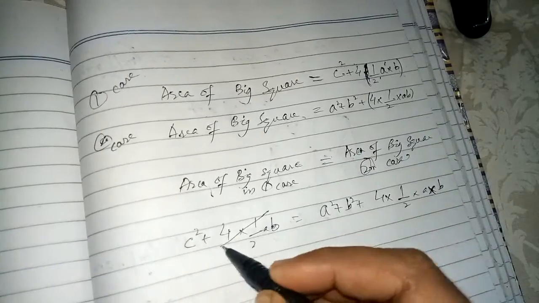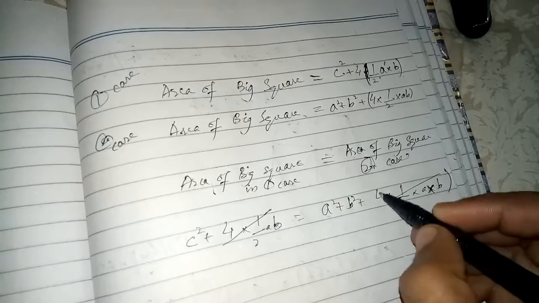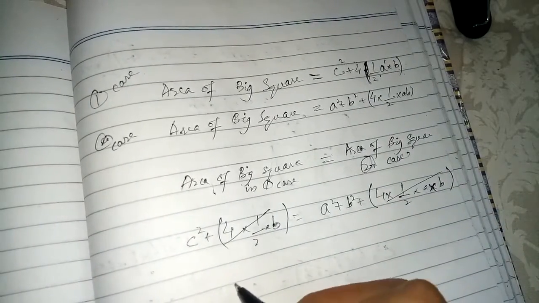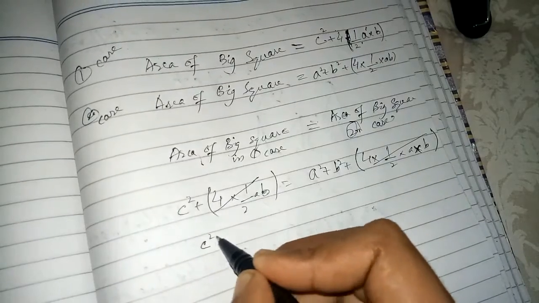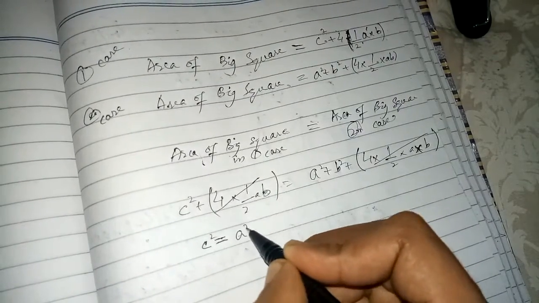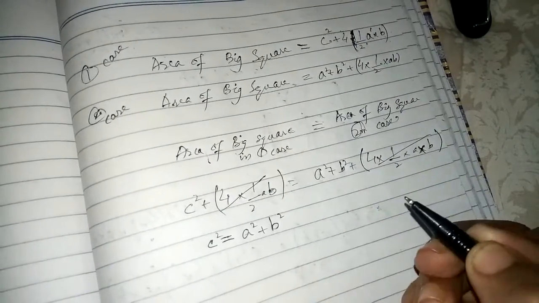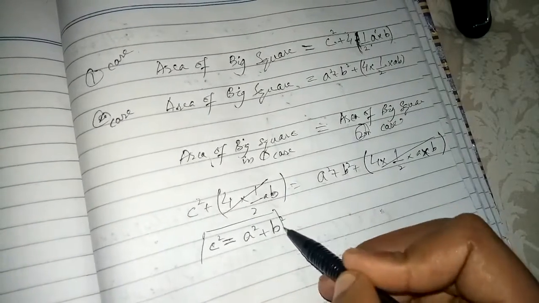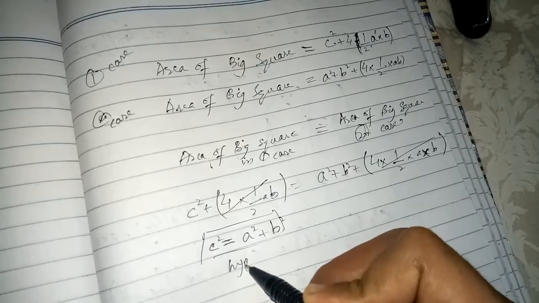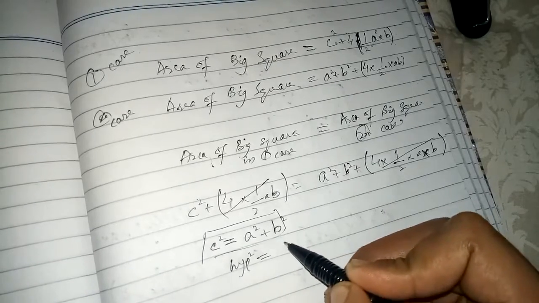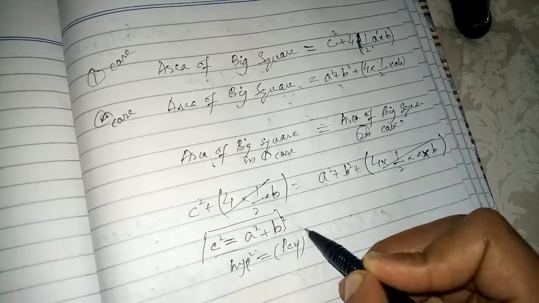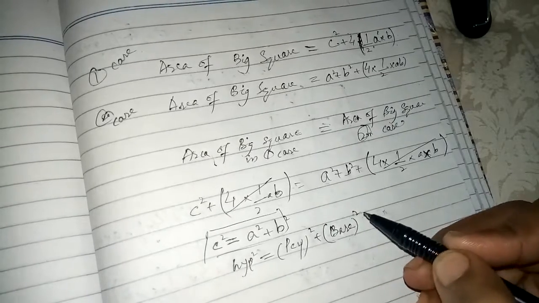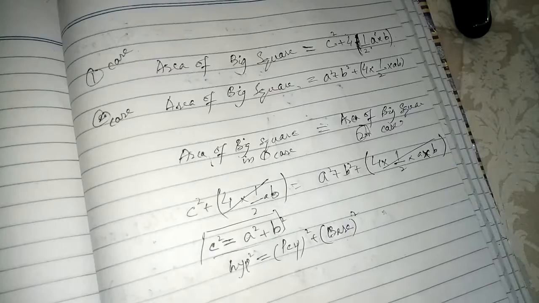So 4 times the symmetric triangle will be cancelled out on both sides, and what will remain? C squared is equal to A squared plus B squared. This is the Pythagoras formula, which holds that the hypotenuse square is equal to the perpendicular square plus base square, which we can see in these dimensions.